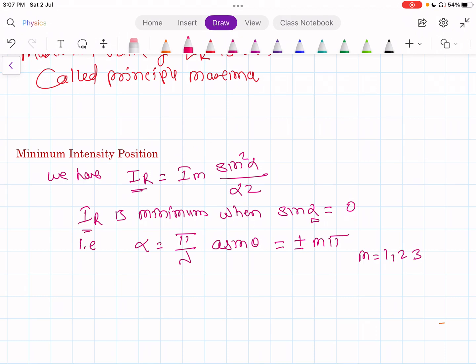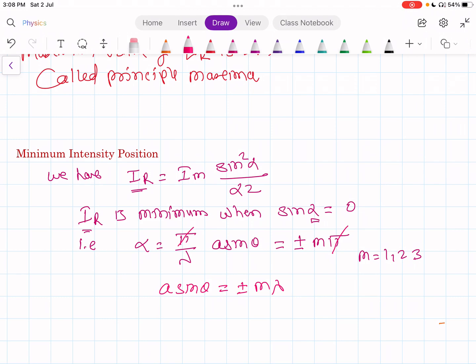So let us simplify this equation. This pi cancels with this pi, and what you get is a sine theta is equals to plus minus m lambda.